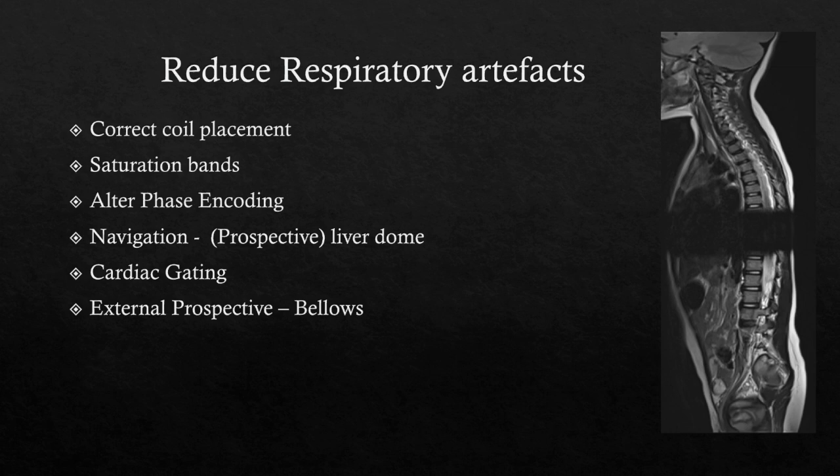You can also use a cross-sectional navigator. This is commonly placed on the dome of the right diaphragm on the navigation aspect, and this is imaged in real time, and then it triggers at the lowest threshold of movement when it's imaging the tissue of the chest and the tissue of the liver.